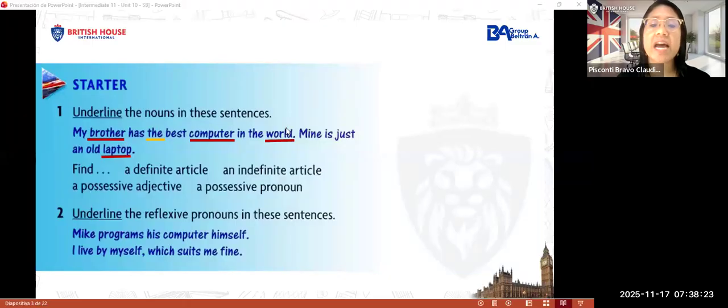Now, do you remember an indefinite article? Something that refers to something else, nothing in particular. Does anyone remember?